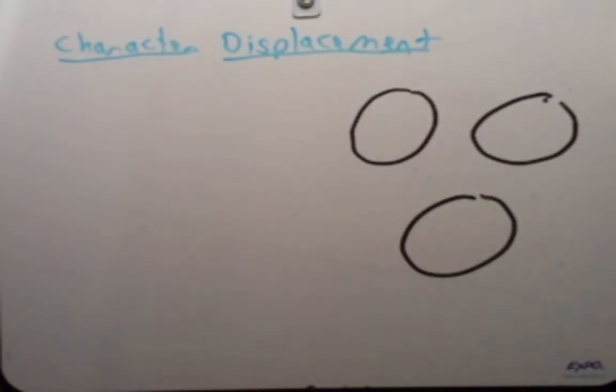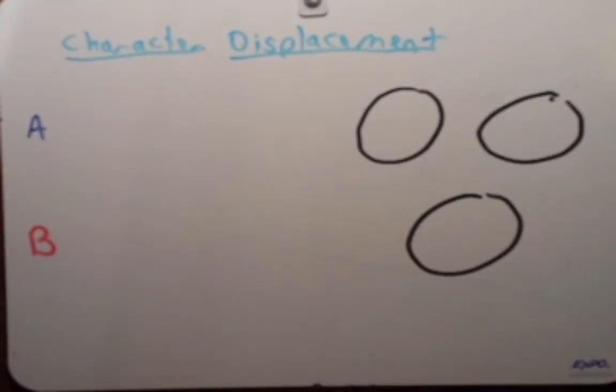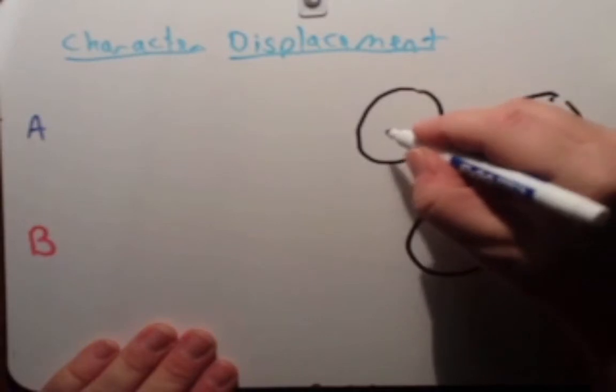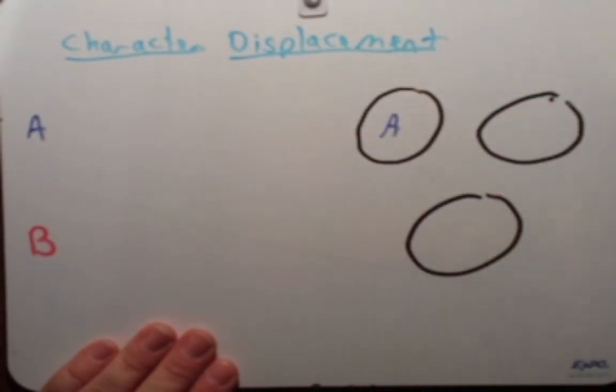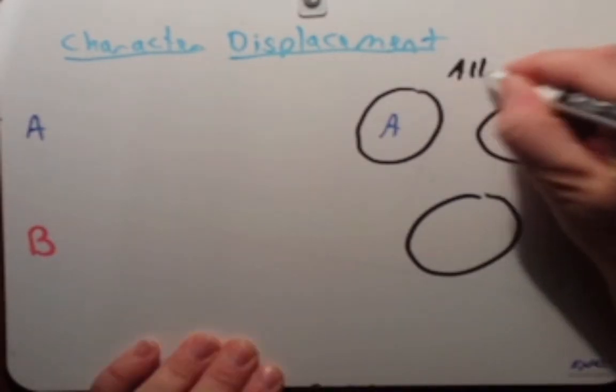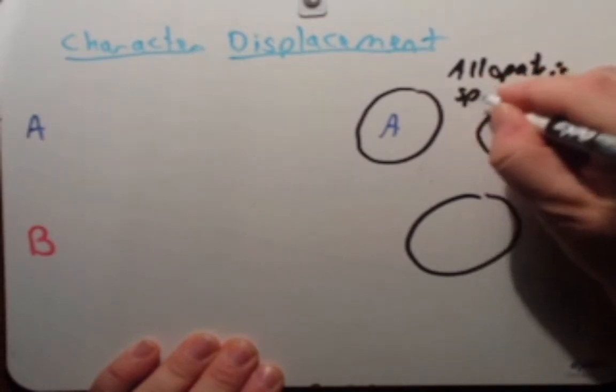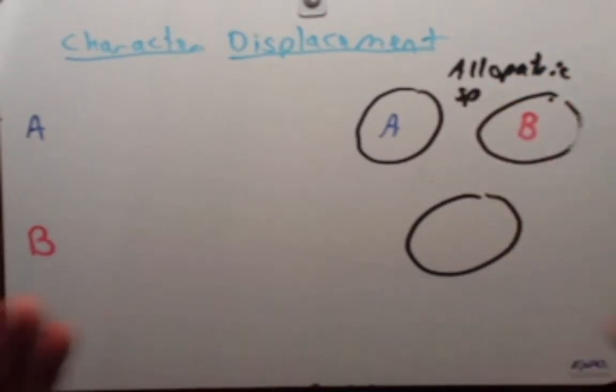And let's say we have 2 species of finches, and we're just going to call them species A and species B. When they're on separate islands, so if species A is here and species B is here, and they've developed into these 2 separate species because of allopatric speciation, because you have these big waterways between them and they can't move back and forth, so they form these 2 new species.